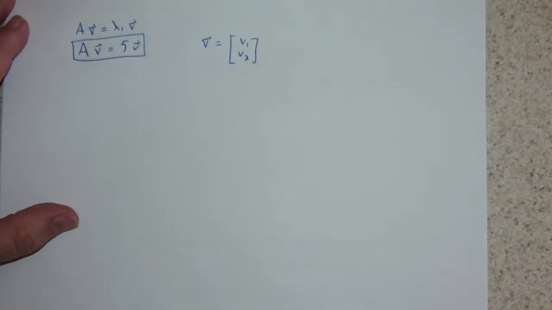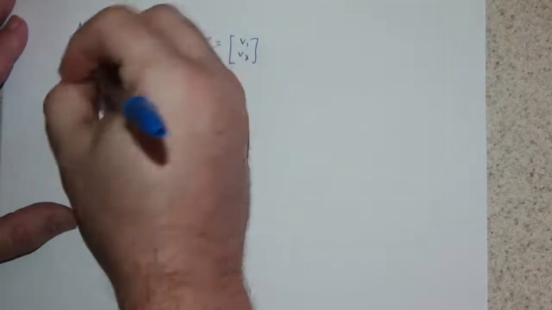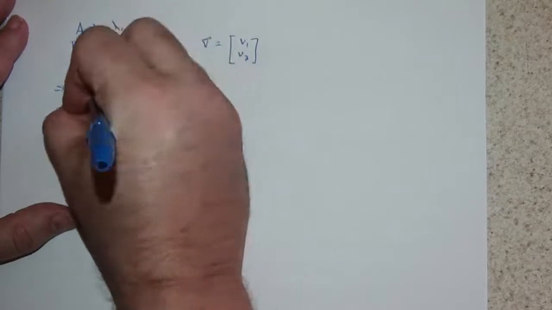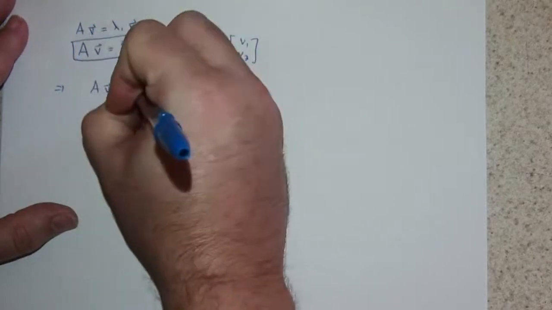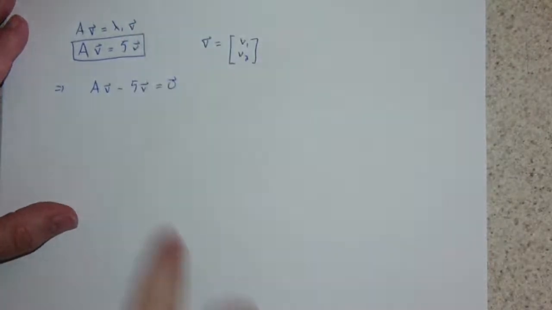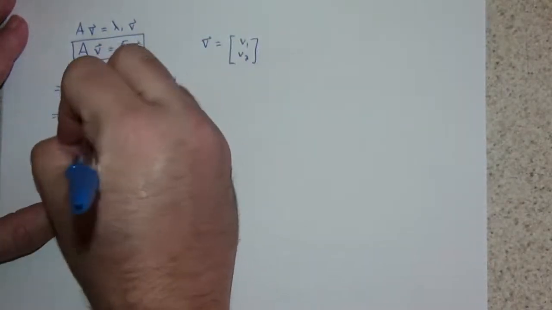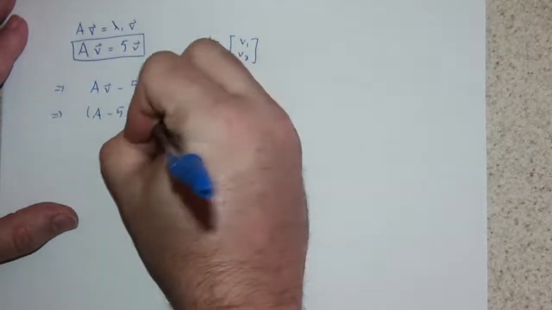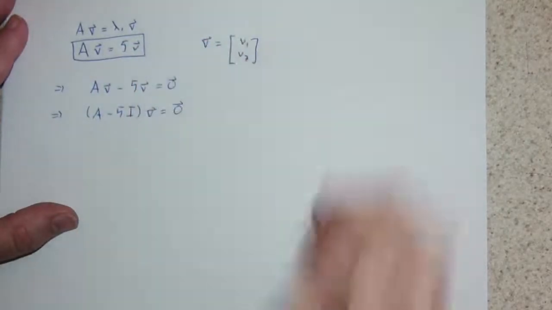Then the resulting homogeneous equation would be Av minus 5v is equal to the 0 vector, or as we were writing before, A minus 5I times v is equal to 0.